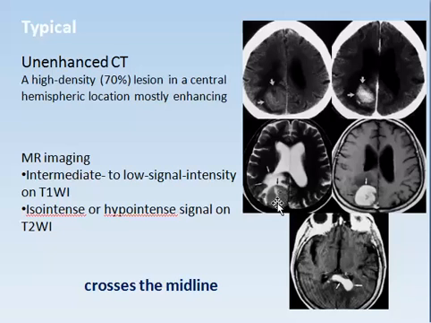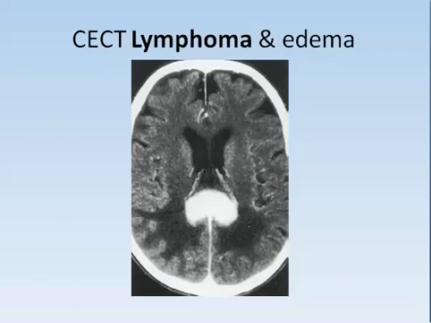In the MRI, the enhancing tumor with edema in T1, and this is an example of lymphoma crossing the midline, enhancing and seen crossing the midline. Lymphoma crossing the midline with edema in T1 with contrast images.